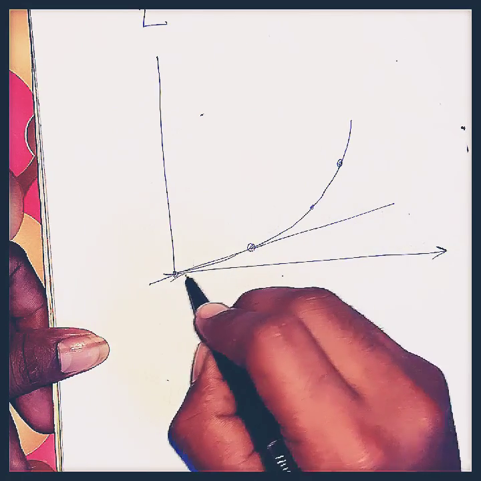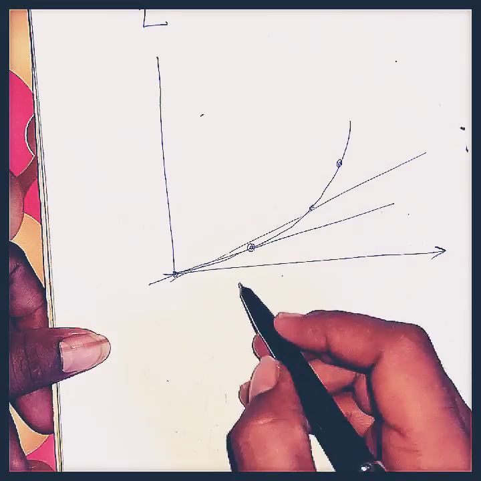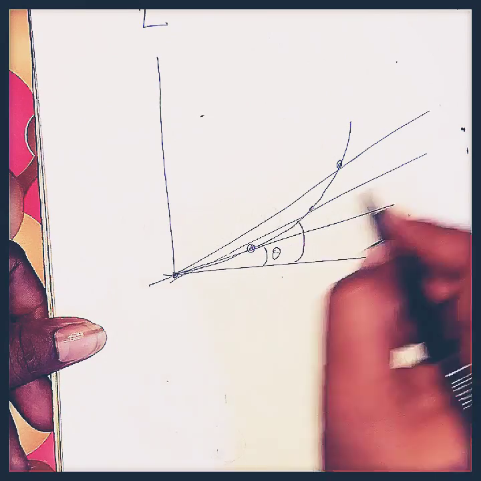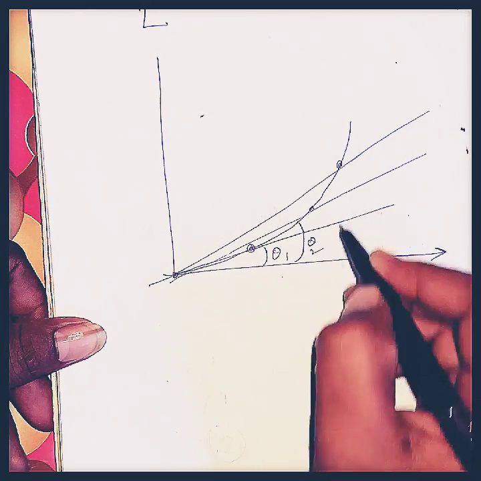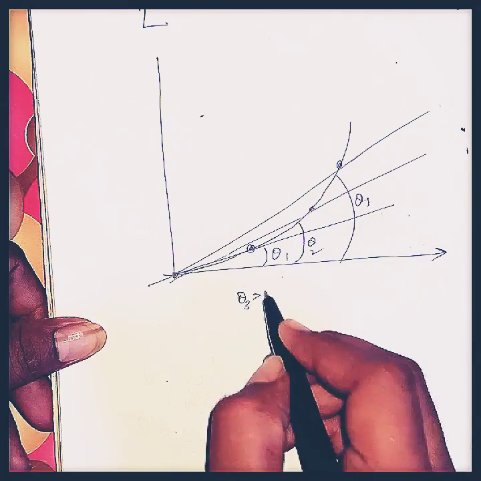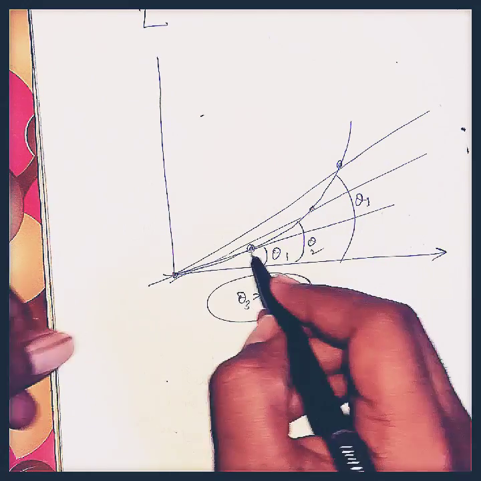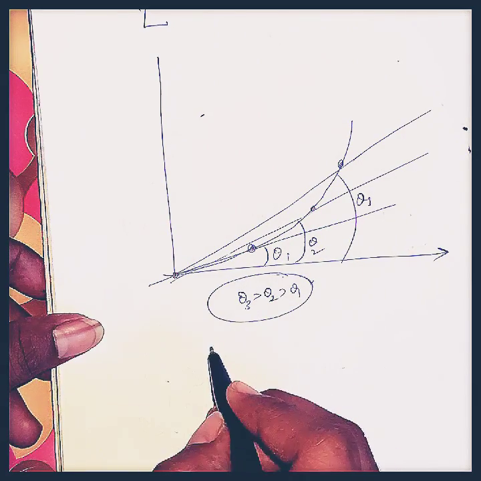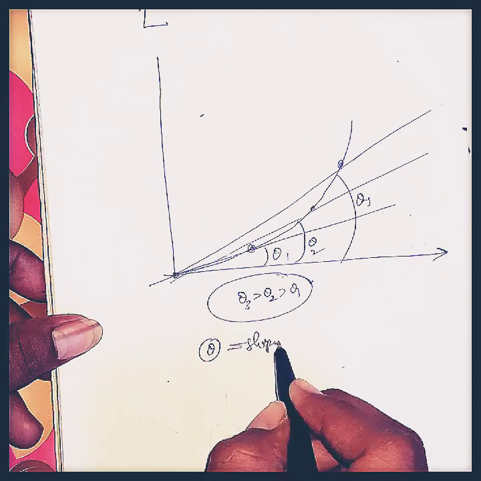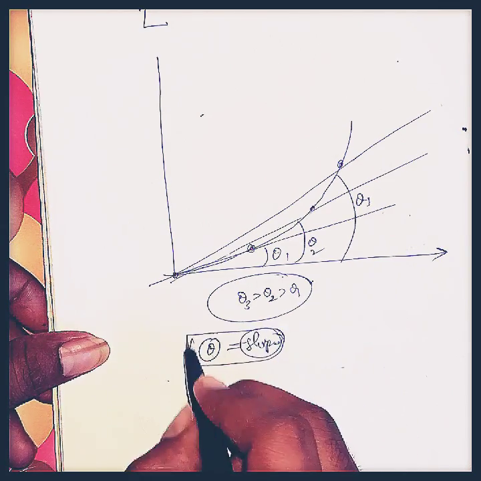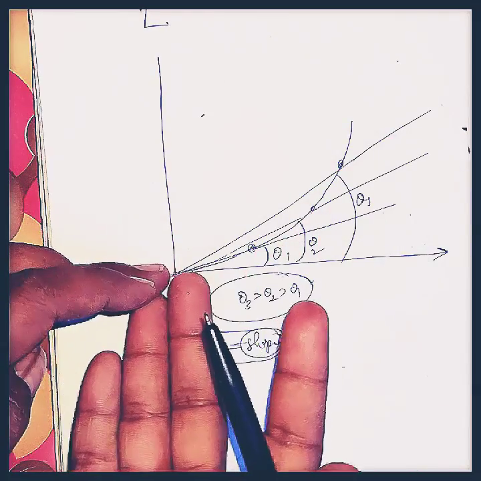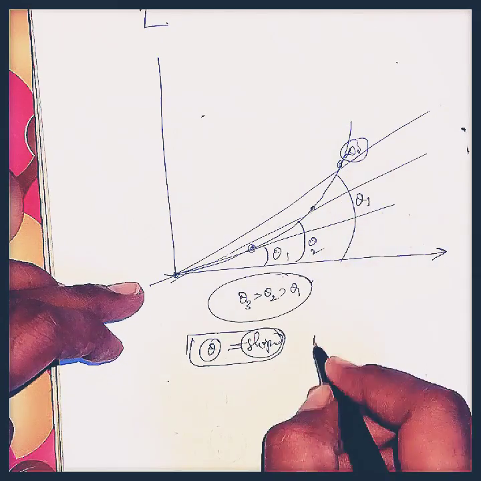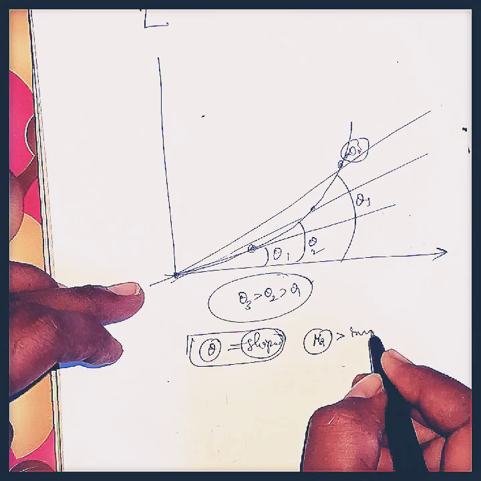For these points, the angles of the lines drawn, the theta values, go as theta 3 greater than theta 2 greater than theta 1. These angles are increasing, yes or no? As we know, theta is nothing but the slope of the line. As the slope is increasing, the viscosity will go on increasing. For dilatant fluids, mu apparent goes on increasing.